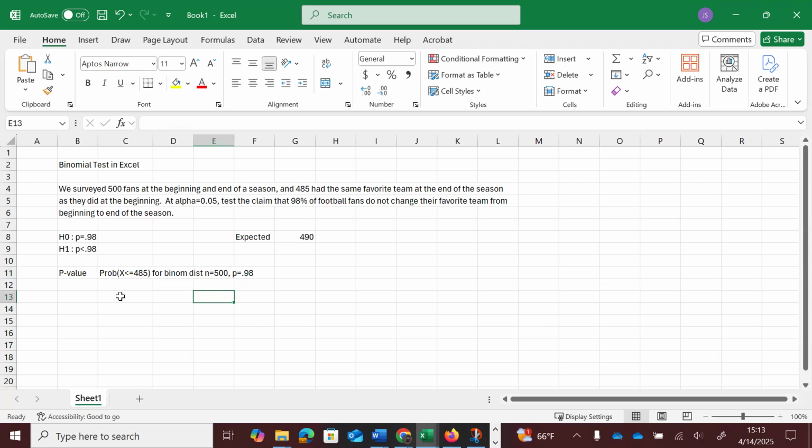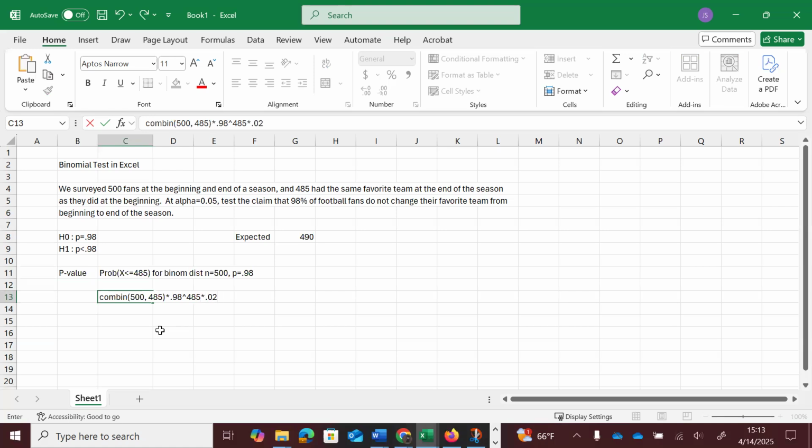If we were going to do this the old-fashioned way, remember the formula for the binomial distribution. It has a combination term. Let me just do the single value 485. First of all, you have to choose out of 500 people which 485 kept their team. Then each one of those 485 gets a factor of 0.98 because that's the probability that they kept their team, and each of the remaining people, the 15 that are left, each get a factor of 0.02.